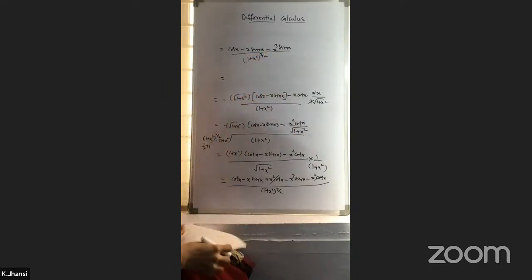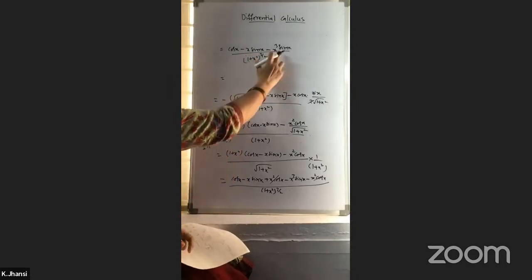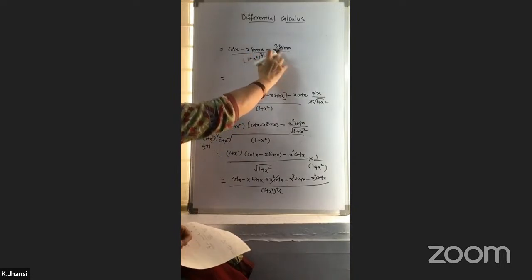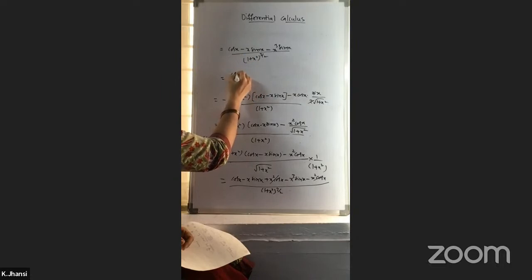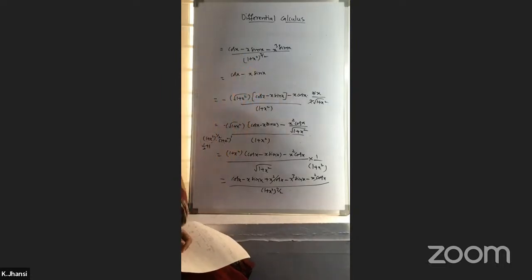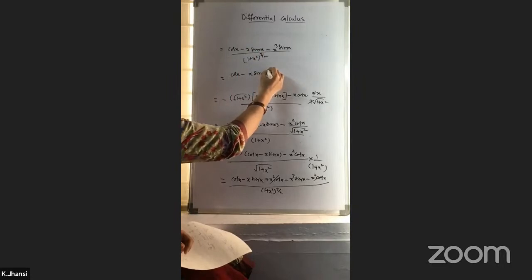You can keep it like this, or else you can change this one. That is cos x minus, you can take x common, since x sin x is there. So you can take common, that is cos x minus x sin x. If you take out common, what will be there? This is 1.